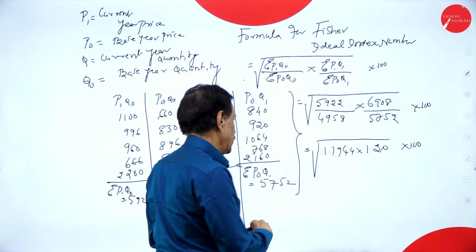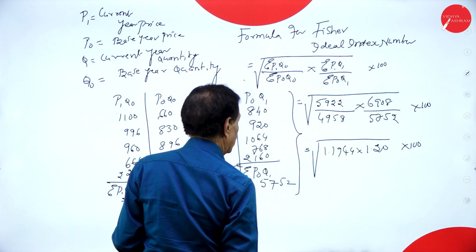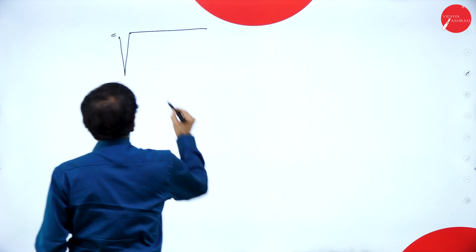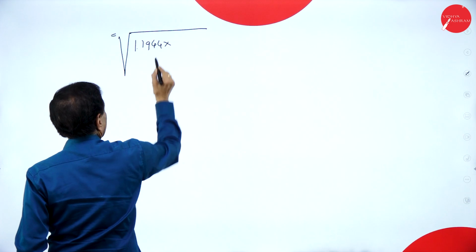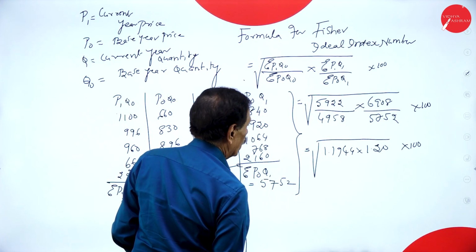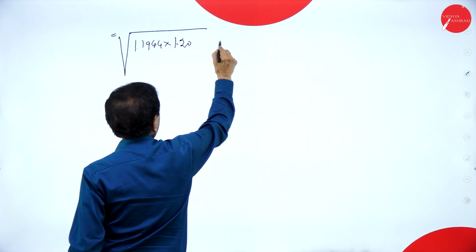So this we can write it here. Root of 1.1944 into 1.20 into 100.